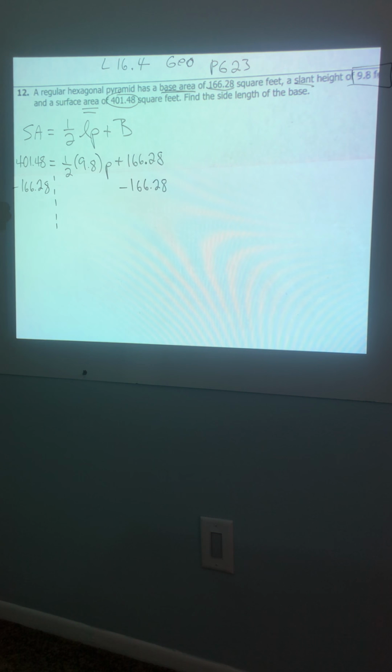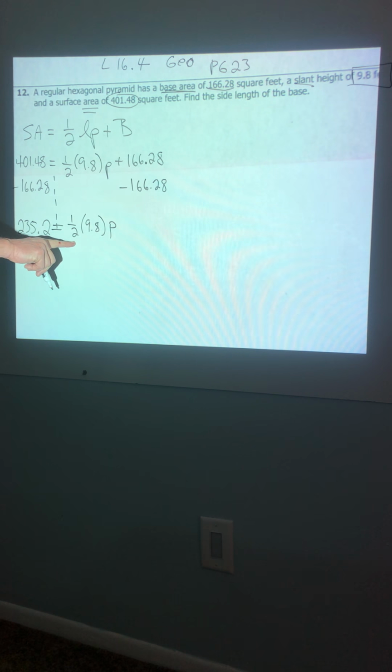The worst part of this is typing it in right. 401.48, slow down, minus 166.28, and you get an answer of 235.2. Here's your equal sign, recopy the 1/2, recopy the 9.8, and recopy the letter P.